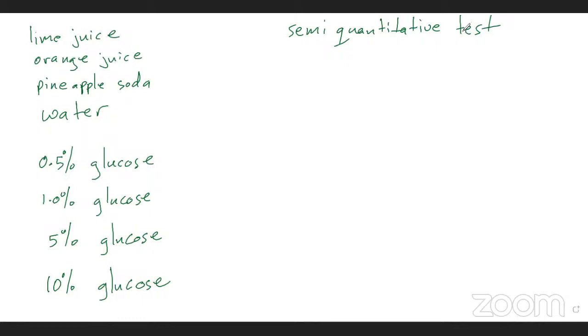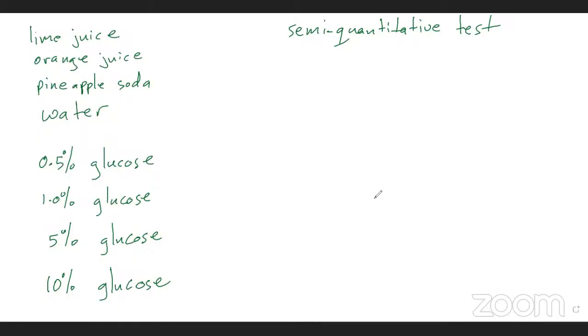All right, so apart from the food test, we also do semi-quantitative tests. So in this one, we are determining the amount of sugar that is present. So you would do the Benedict solution on your samples as well as the glucose standards.